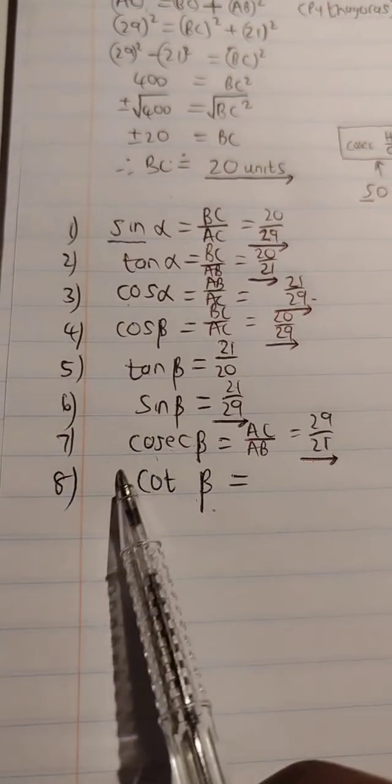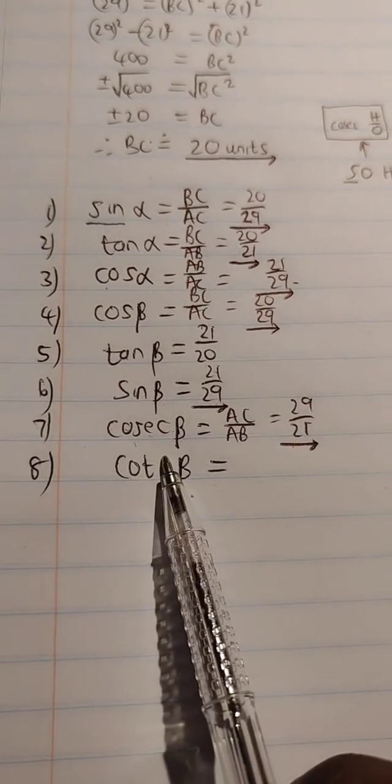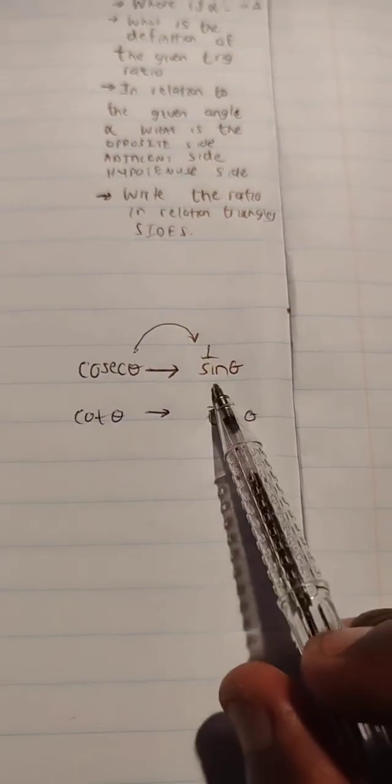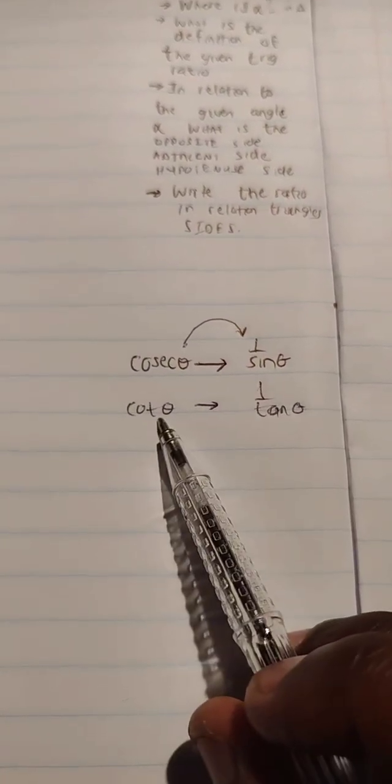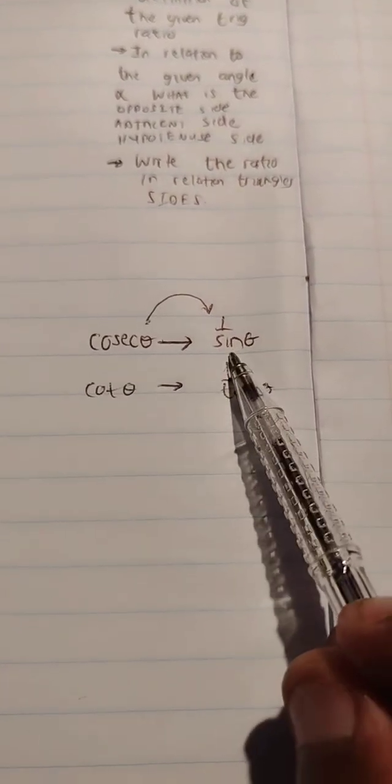Two, what is the definition of cot? Okay, now cot, guys, is generally spoken of as the inverse or the reciprocal of tan. 1 over tan theta gives us cot. Cot can be expressed in terms of tan as 1 over tan. And this is something you need to know because it is helpful and useful in certain situations.